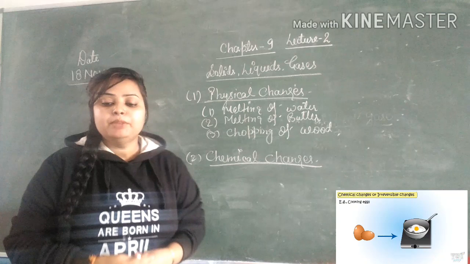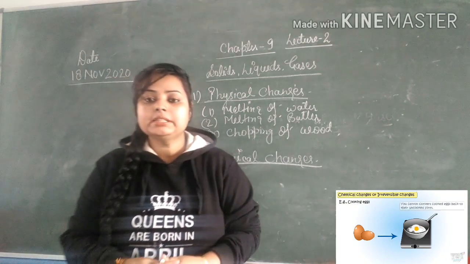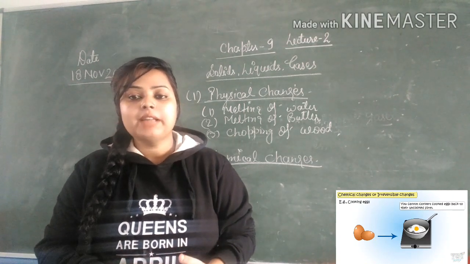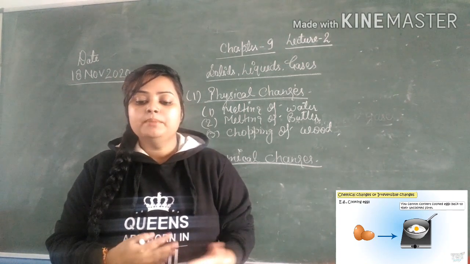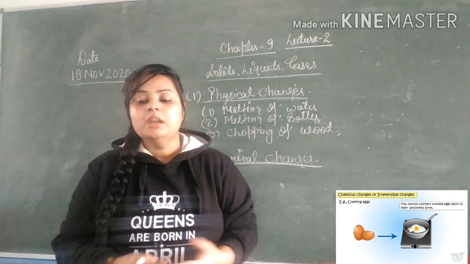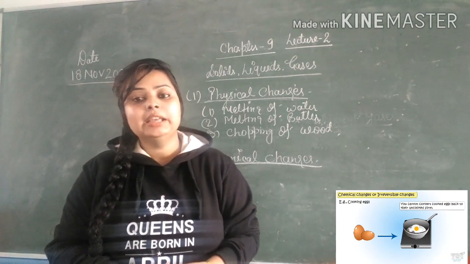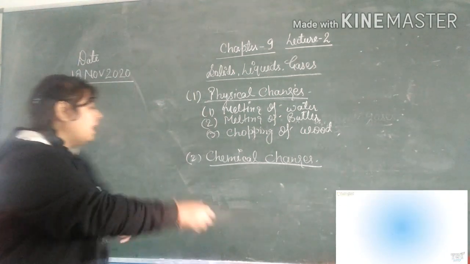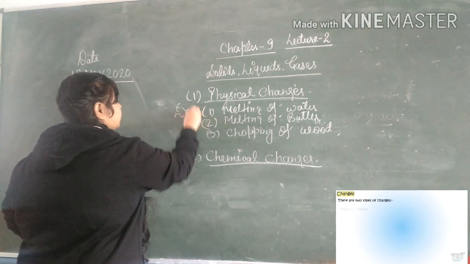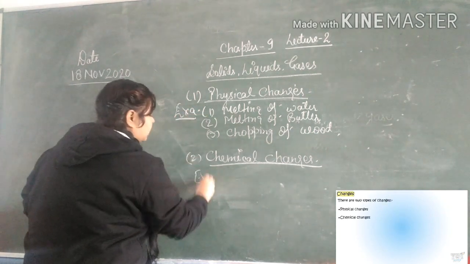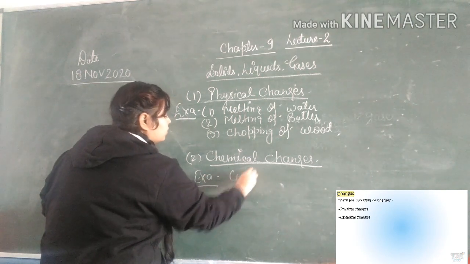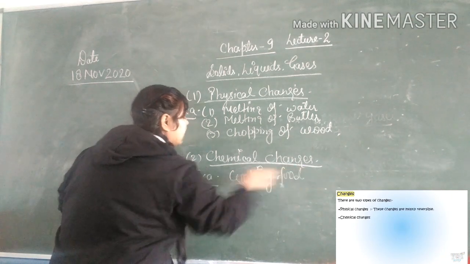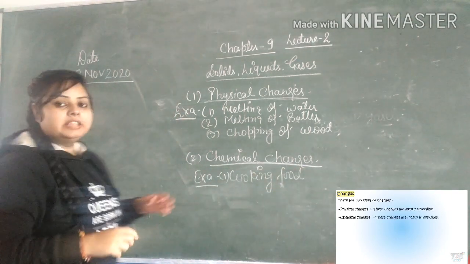Next is chemical changes. Some changes cannot be reversed at all and they are called chemical changes. Burning, cooking, rusting and rotting are examples of chemical change. For example, cooking food is a best example of chemical change.